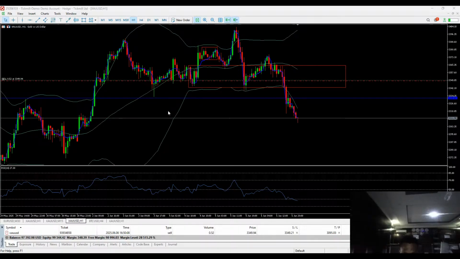On the lower part, we are taking a buy. Upper part, we are taking a sell. Lower part, we are taking a buy.